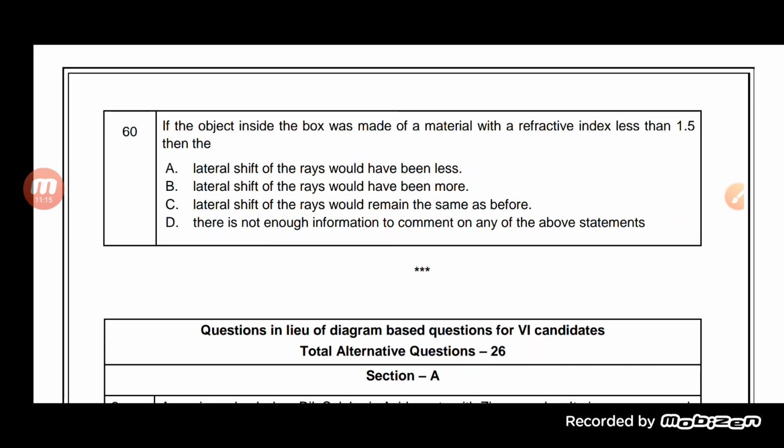So the angle of refraction moves towards the normal, and we also see the angle of emergence. This lateral shifting is because of the refractive index. Obviously, if the optical density is less, the lateral shifting of the ray would be less only. So the correct option here will be A.